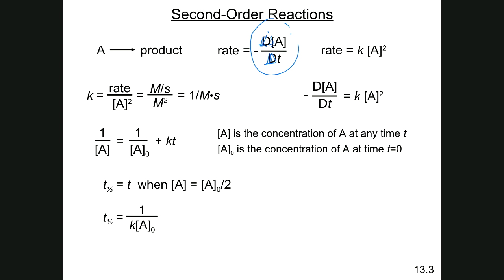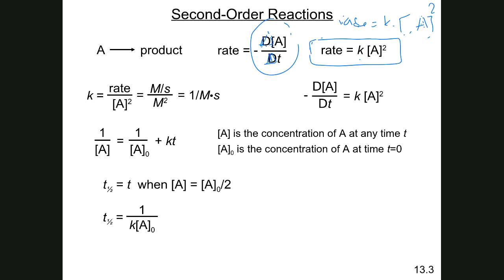And then the general rate law for this reaction is rate equals K times concentration of A. If it's a second order, that's where this exponent of 2 comes from. So we have the constant and then concentration of A to the power of 2.